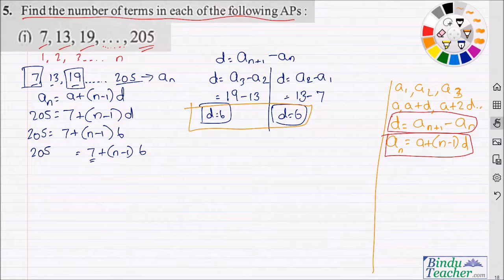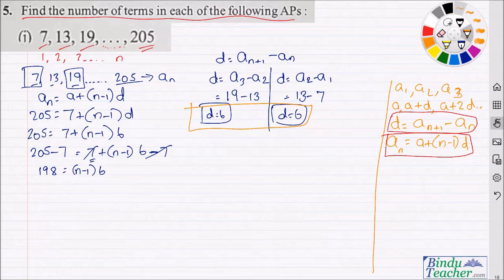So what we'll do, we will add minus 7 here, and whatever I do on the right hand side, I will repeat on the left hand side. So 7 plus 7 and minus 7 will cancel out each other. We get 205 minus 7, which is 198. 198 equals n minus 1 into 6.